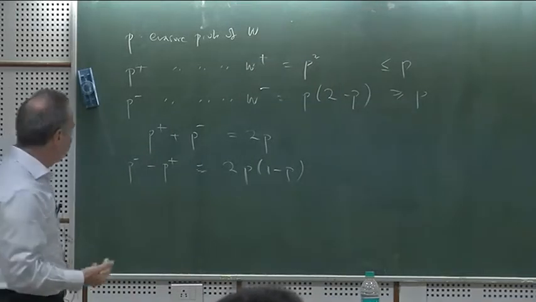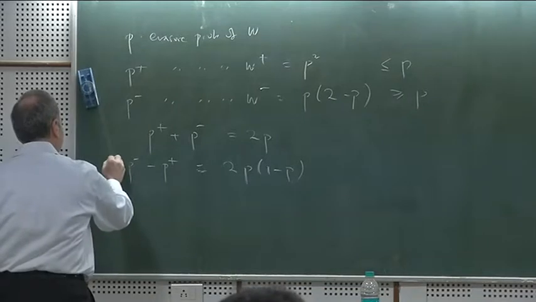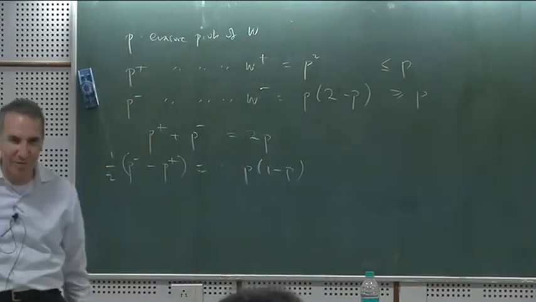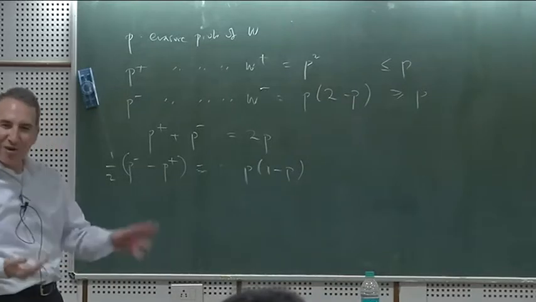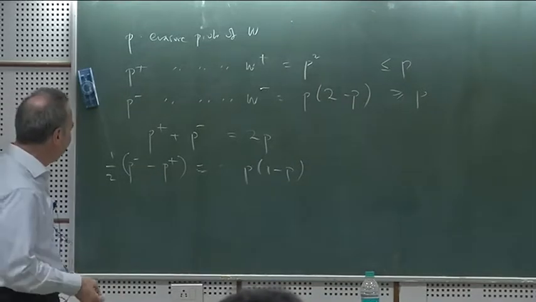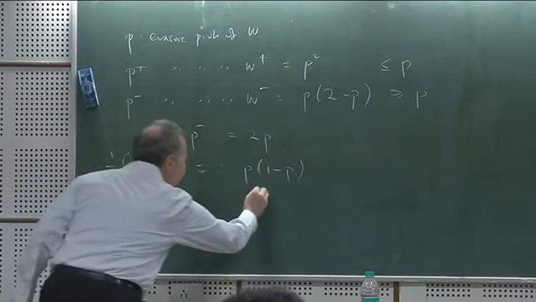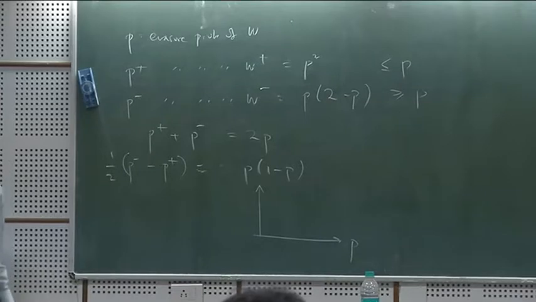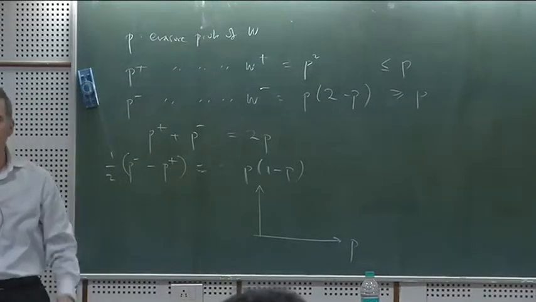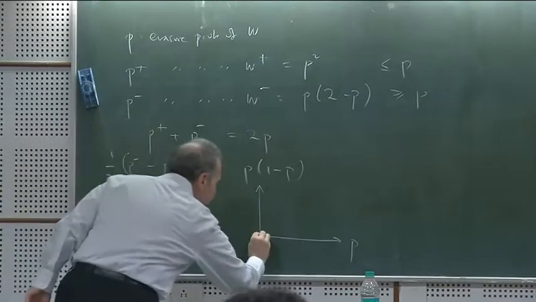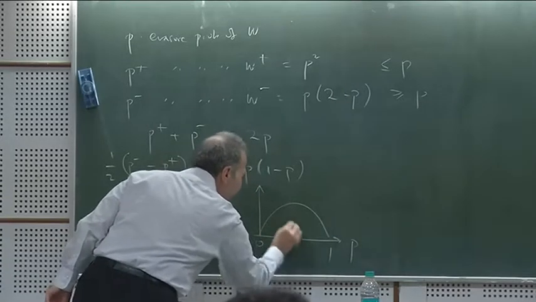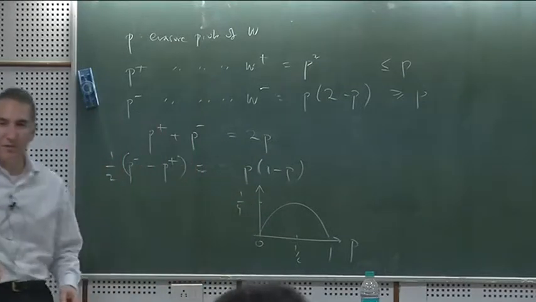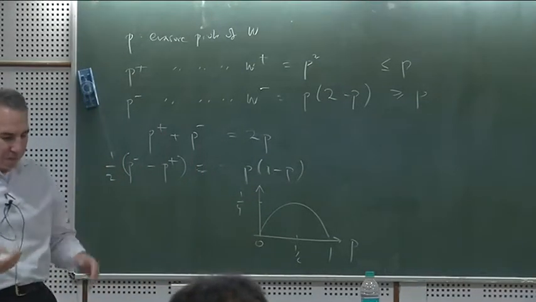Maybe I should even take a look at half of this, so I get rid of this 2. I'm not sure if I really want to divide by half or not, but let us do it for a second. So this guy, if I plotted this thing across P, this value of this inequality I create is something like this. So what you see is the following thing.